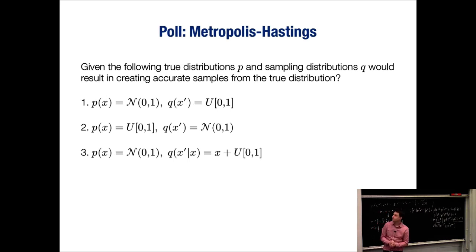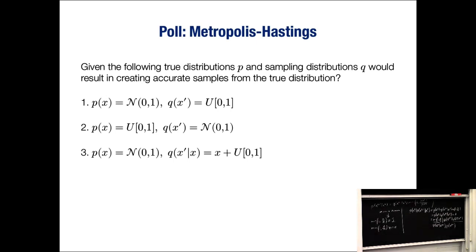In the first case, the true distribution is just the normal with mean 0, variance 1, and my proposal Q of x prime is equal to the uniform between 0 and 1. It doesn't actually depend on x. It just gives a uniform 0, 1 sample no matter what.